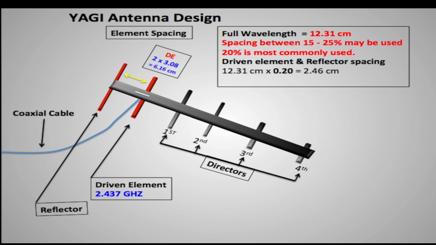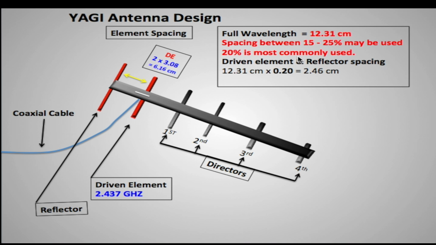Now to calculate the spacing, we use the full wavelength as we have here. Full wavelength is equal to 12.31 centimeters. Now the spacing is between 15 and 25% of this full wavelength. Now 20% is most commonly used.